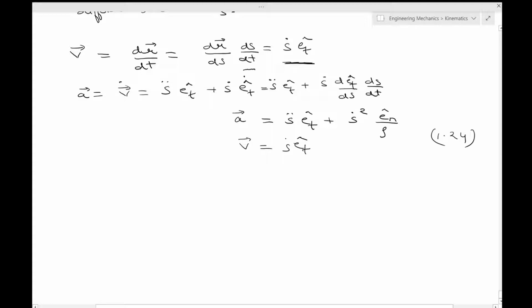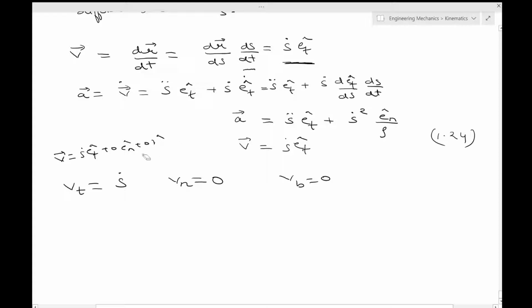Now we want to break them down into tangential and normal components, because they have these two components. So Vt, the tangential component of velocity, is clearly s dot, and the normal component will be 0. Vb will also be 0. Just like velocity should have been written as s dot et hat plus 0 en hat plus 0 eb hat.